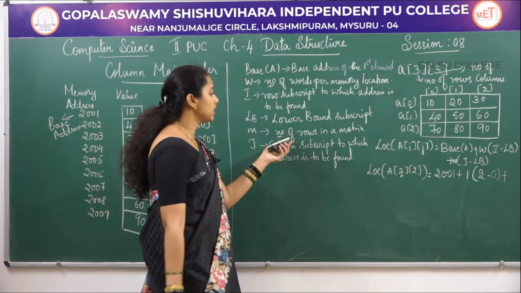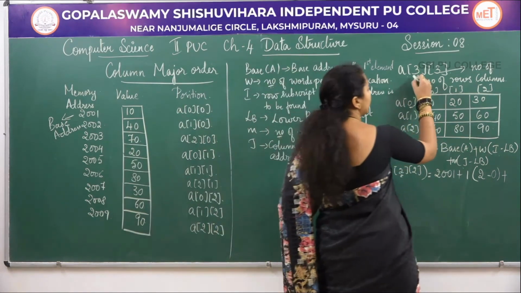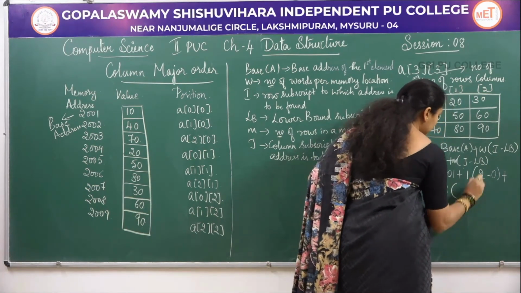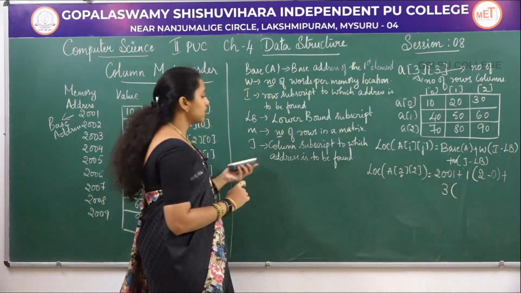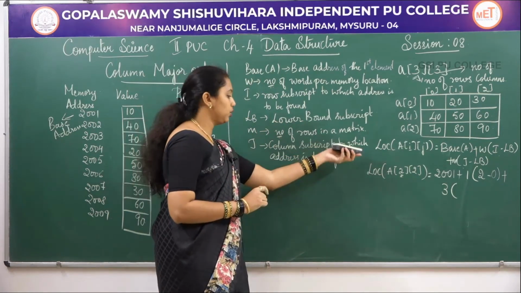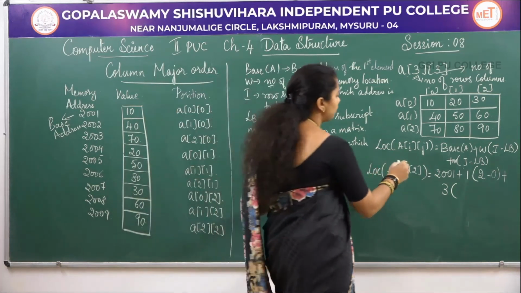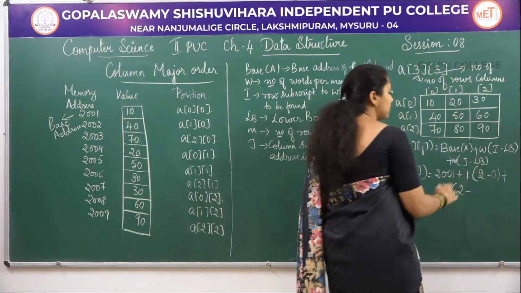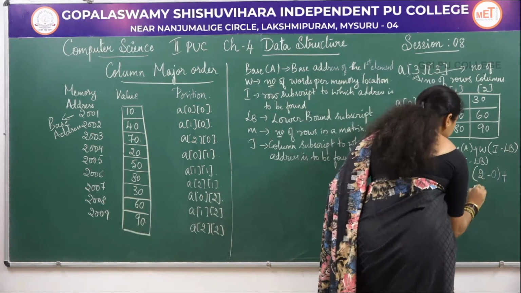M represents the number of rows in a matrix. How many rows are there? There are 3 rows. That is 3 into J. What does J represent? J represents the column subscript to which the address is to be found. So the value of J is 2. 2 minus LB. What is LB? The lower bound subscript, that is 0.